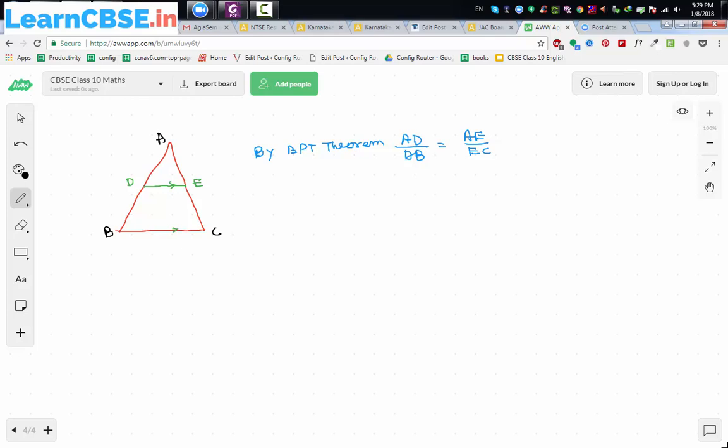Now, what should we do? Let's add one to both sides. AD by DB plus 1 equals AE by EC plus 1. After adding one to both sides, we can take the LCM.